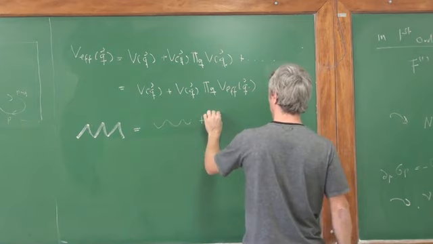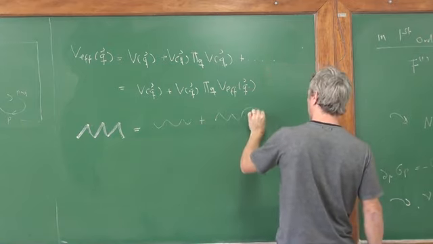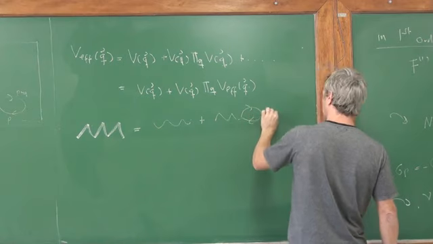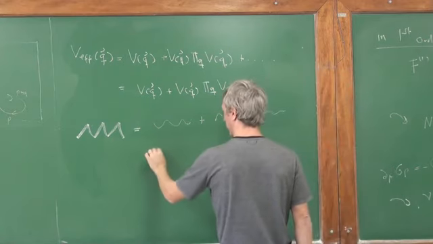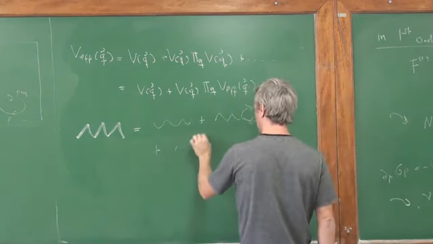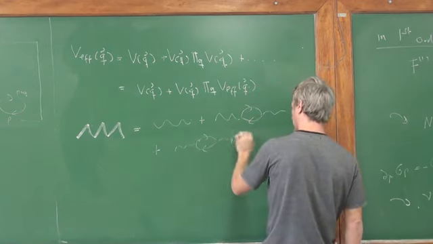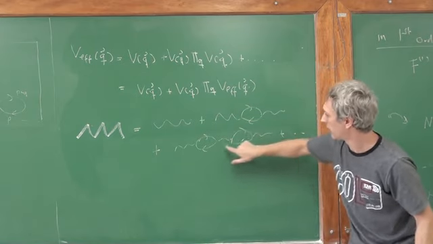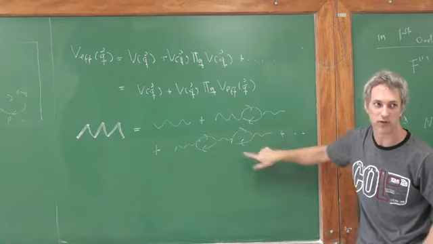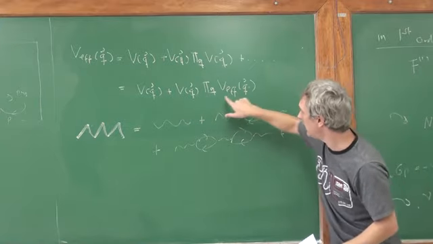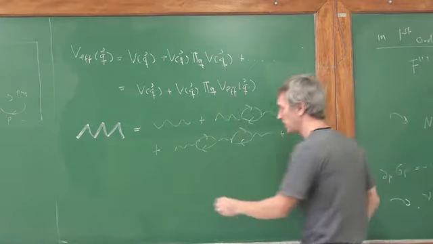Then we add the bare Coulomb potential, then this polarization bubble, bare Coulomb potential plus and so on. Okay, so these dots correspond to having higher and higher orders of these polarization bubbles.